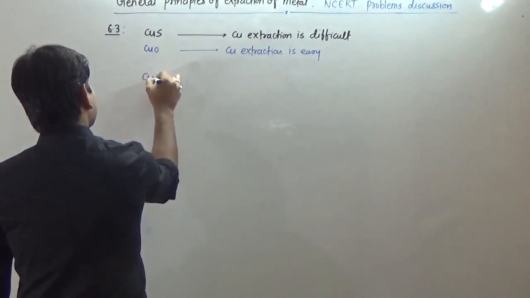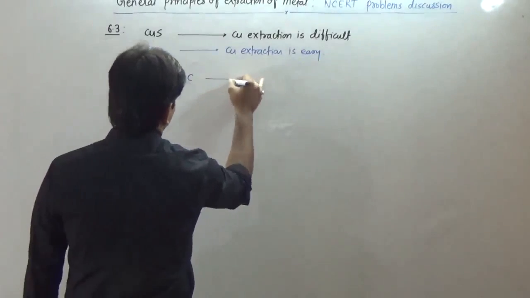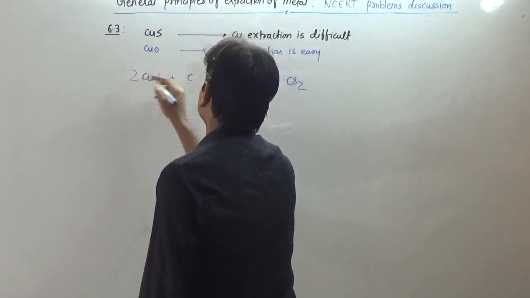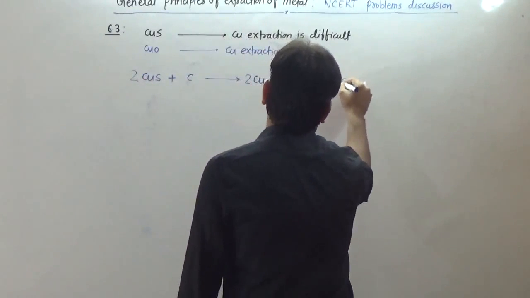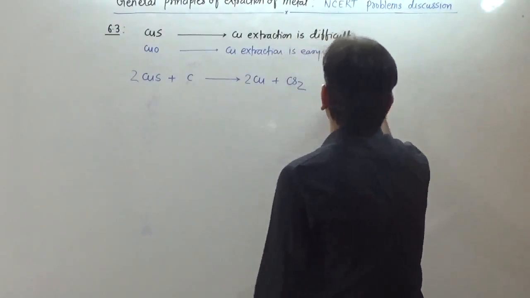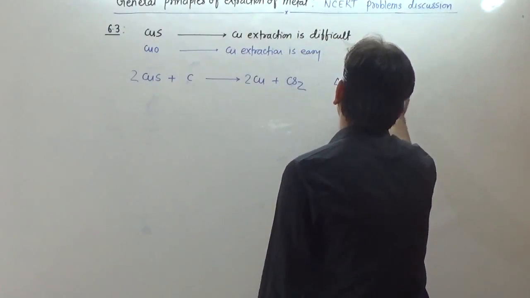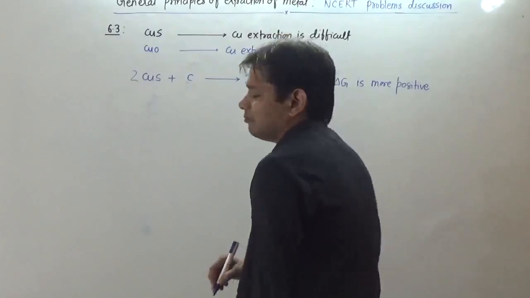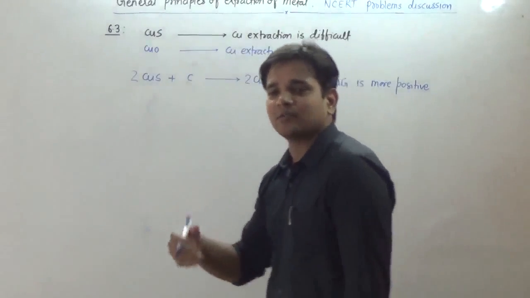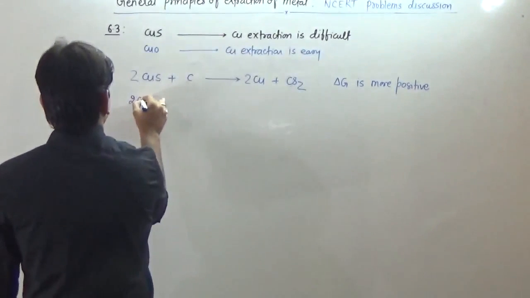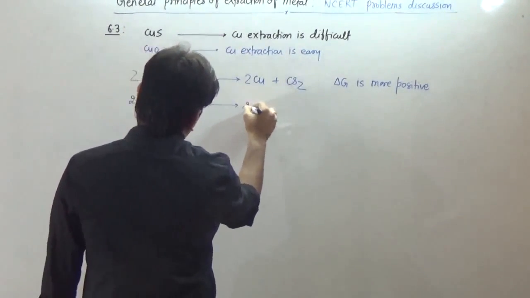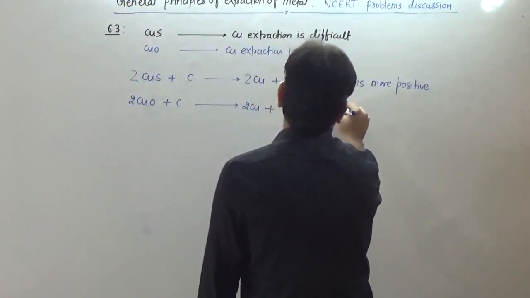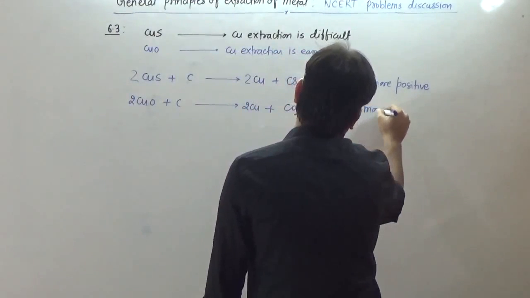If you look at the reduction process of this one, suppose with carbon, you will have Cu plus CS2, which has a higher del G value. Del G is more positive. I am not saying this is a positive value, but I am saying that it has a relatively more positive value. If you take CuO with carbon, 2Cu plus CO2, then del G here is more negative.